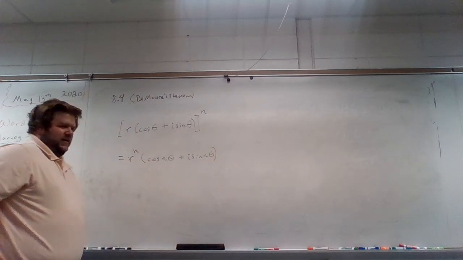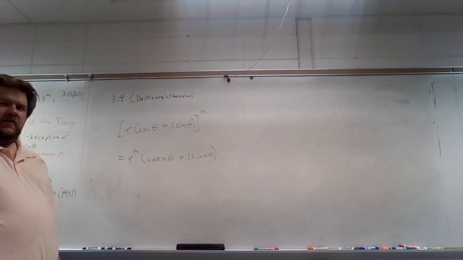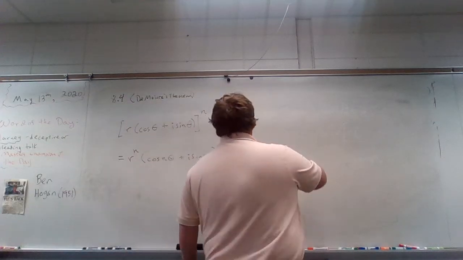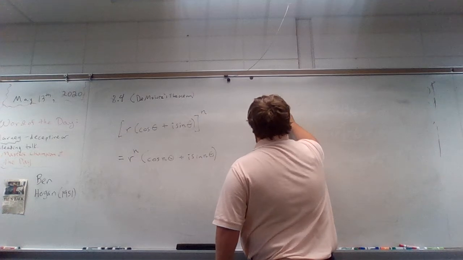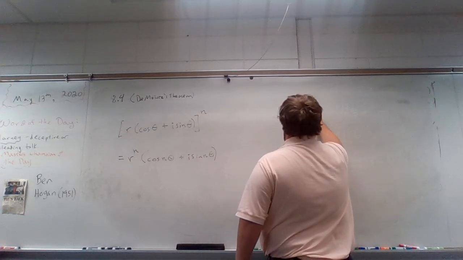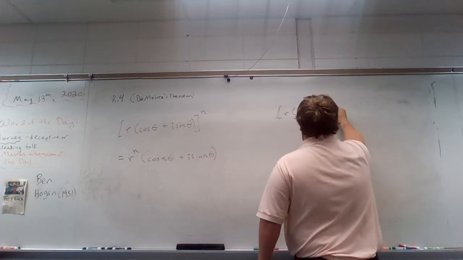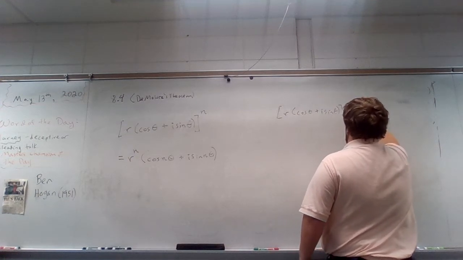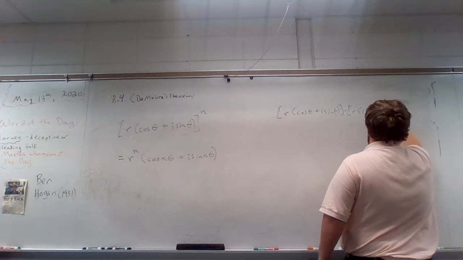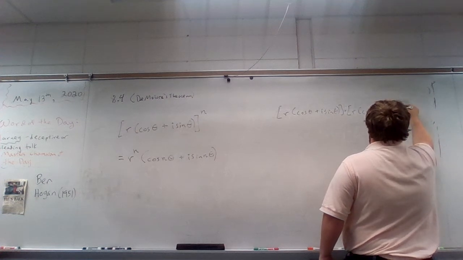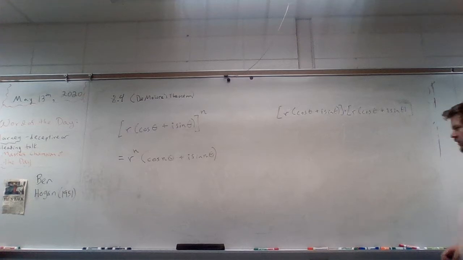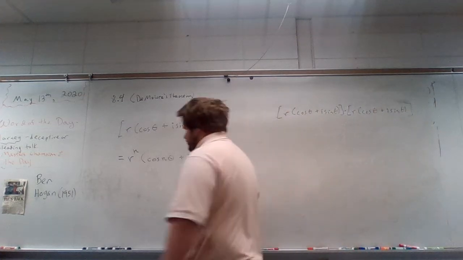Okay. This may seem a little weird, but remember, let me do it for the case of 2 with what we did last time. If I have the same complex number multiplied twice, I think it makes perfect sense from what we said last time about how I would multiply those two with the product theorem.